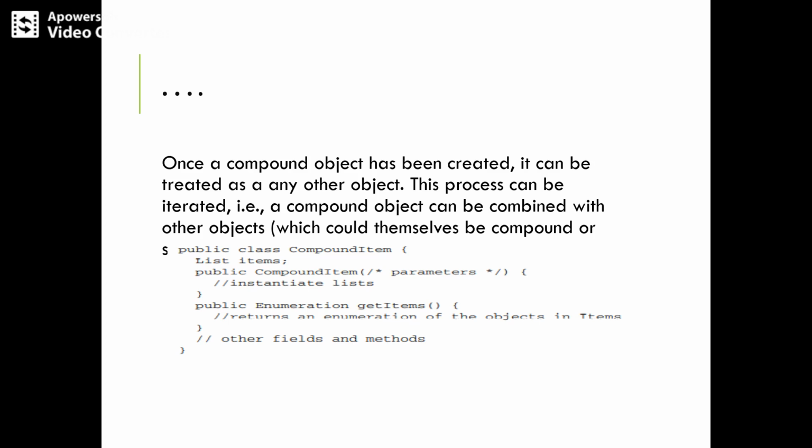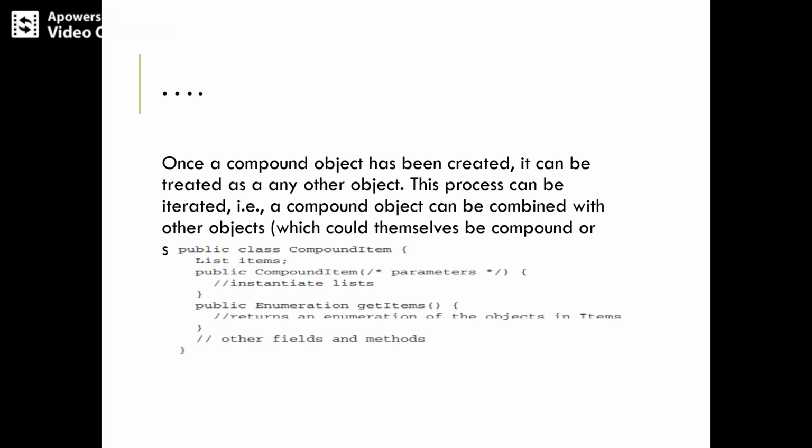Since in this case we have to store a collection of items, the approach to implementing this would be to create a new kind of item that maintains the collection of constituent items.